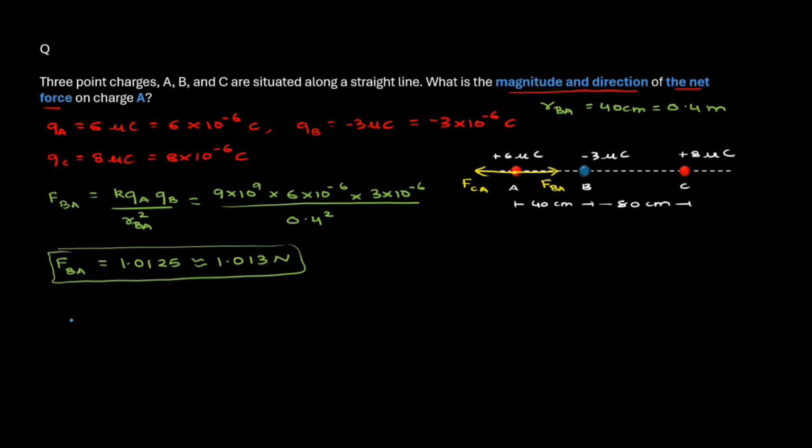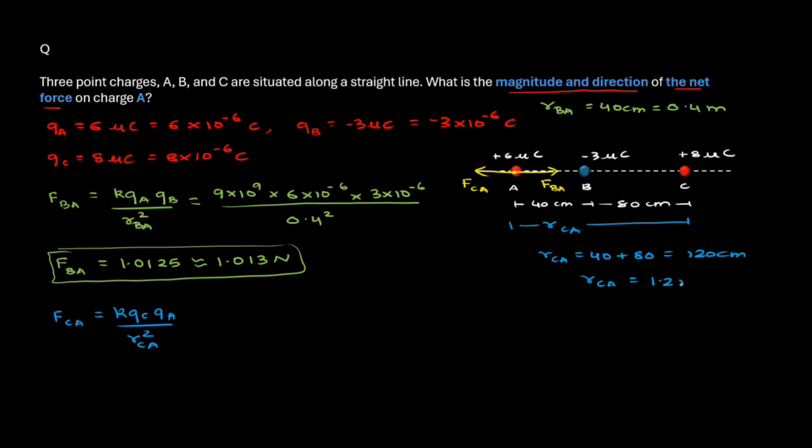Now we do the same thing for charge C. We find the force of charge C on charge A. So K QC QA over RCA squared. RCA is the distance between charge A and charge C. To find this distance, we need to add these two values, 40 centimeter and 80 centimeter. So RCA will become 40 plus 80, which is 120 centimeter. And when you convert this to meter, you divide this number by 100.